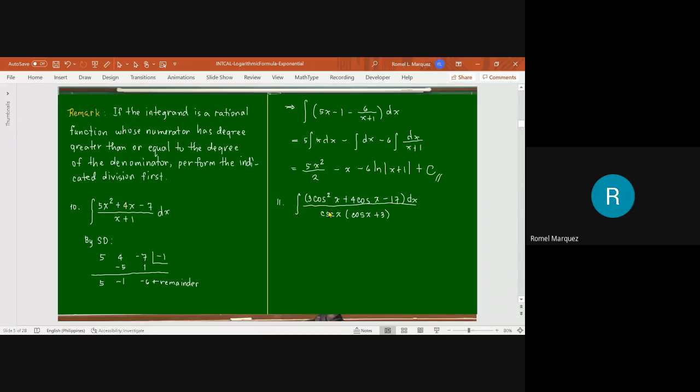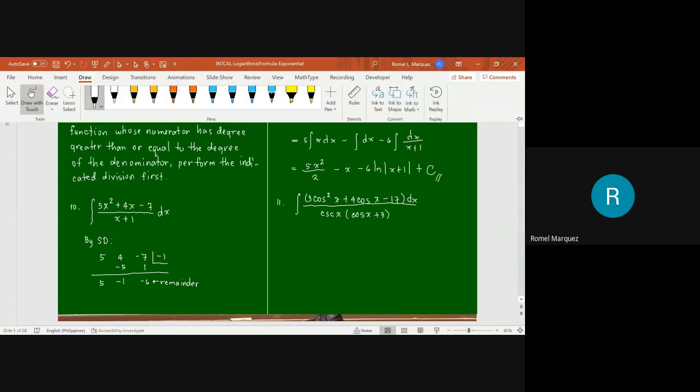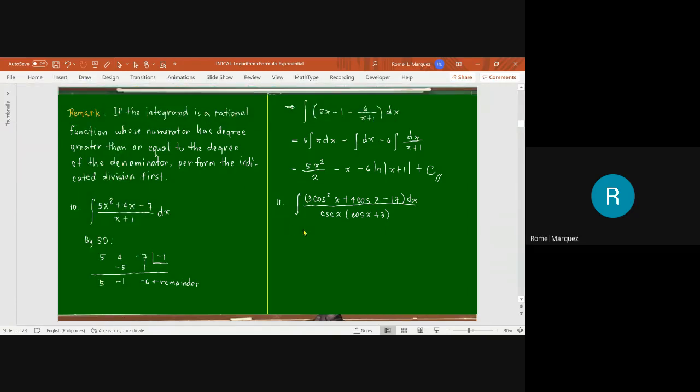Actually, it is a rational function in cosine. Again, a rational function in what? So this is a rational function in cosine. The integrand is a rational function in cosine. It's not a rational function really, but it is a rational function in cosine.